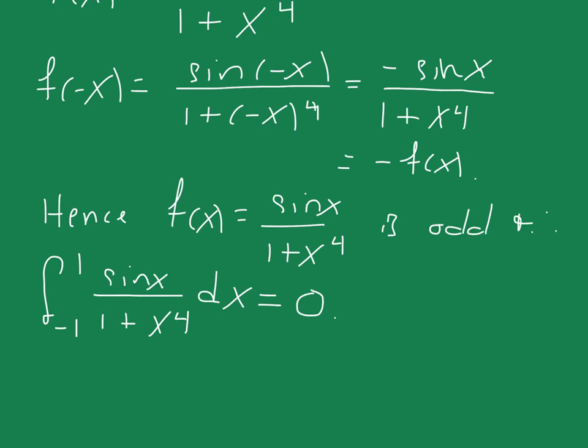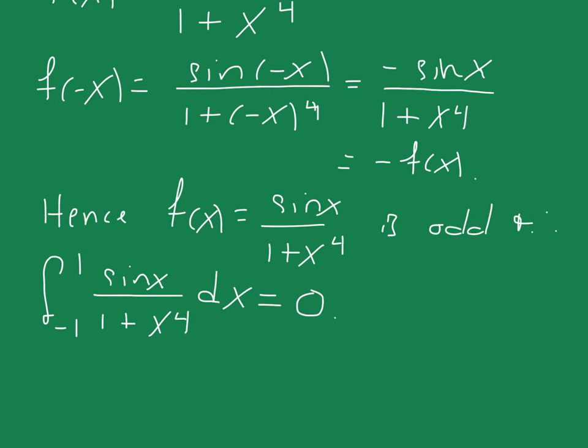So, just to recall the point of all this, if you're trying to integrate a function from negative a to a for some a, as we have in this case here, you might be able to use symmetry.